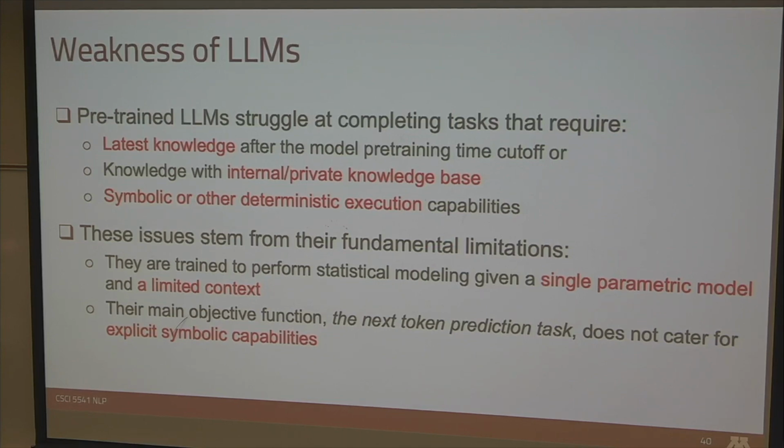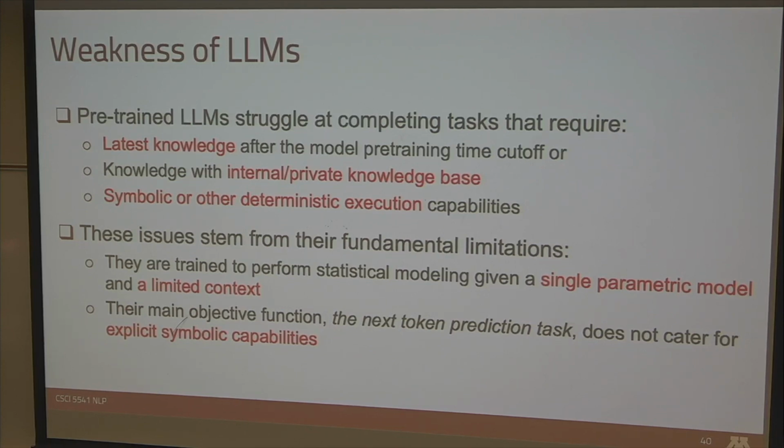Language models, essentially, are statistical models where we try to cram the knowledge into fixed size weights, a fixed size model, right? So in that sense, it's called parametric because it's bound by the fixed size of the model weights.